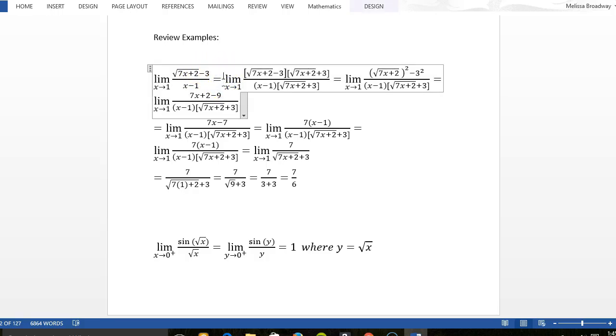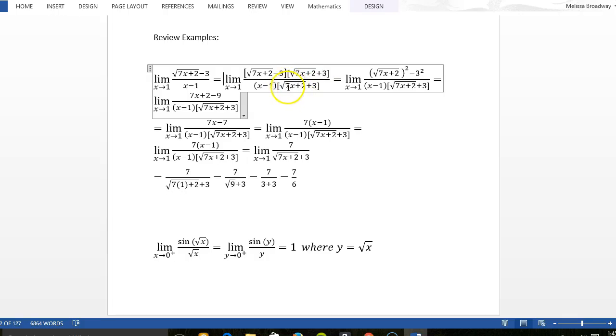Here's what we do. When you see a radical, a lot of times what you'll do, I call it a conjugate. I multiply the top and bottom by a so-called conjugate, or an adjustment term, whatever you want to call it. I keep the original things I had here, the two originals, but I insert on the top and bottom the term radical 7x plus 2, closed radical, plus 3.